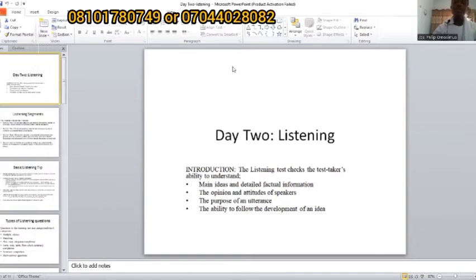Then the next one is what we call the cue card questions. These are questions where you are given a cue card and then you are asked to speak on the topic of this cue card.